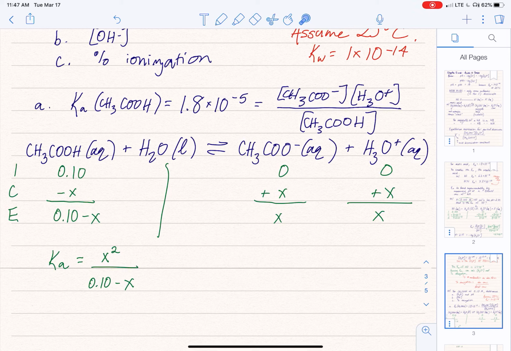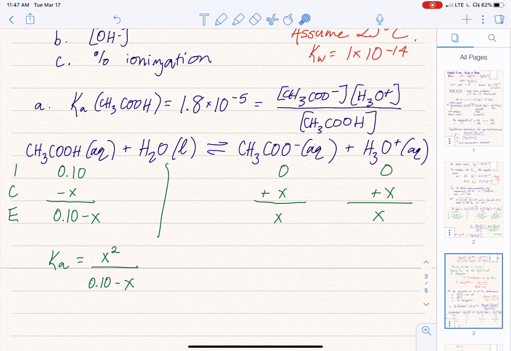How did I get that? Well, look back to our expression for Ka. On the top, my equilibrium concentration for this is x. My equilibrium concentration for hydronium is also x, so that's how I got x squared. And then this 0.1 minus x is my equilibrium concentration for acetic acid.